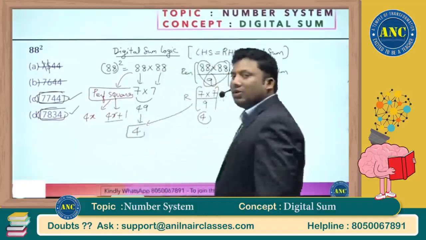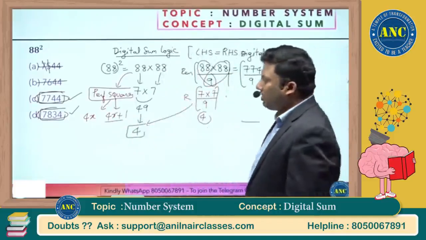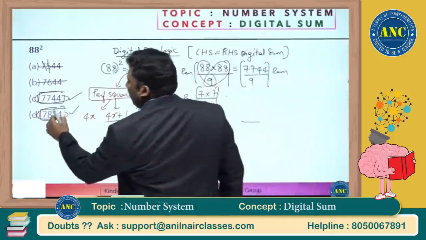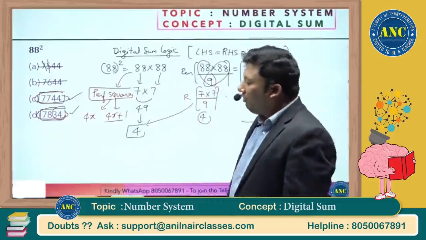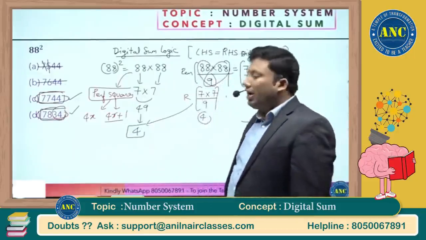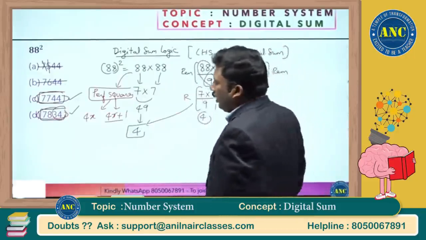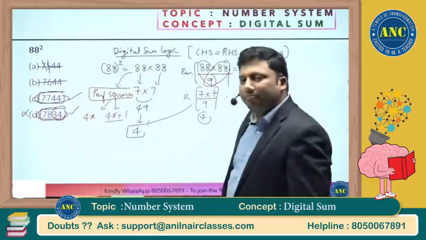For 7834, the divisibility rule of 4 is that the last two digits should be divisible by 4. 34: 4 eights are 32 plus 2, so 4k plus 2. It is not possible, so option D is eliminated.